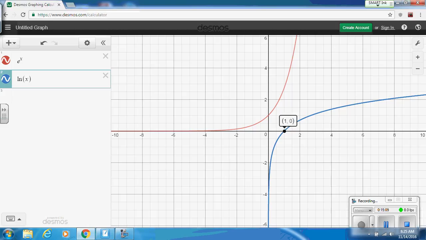Every point on here has switched to the point over here. So natural log is the inverse of the base e. I wanted to show you that because that's not one that everyone is familiar with.